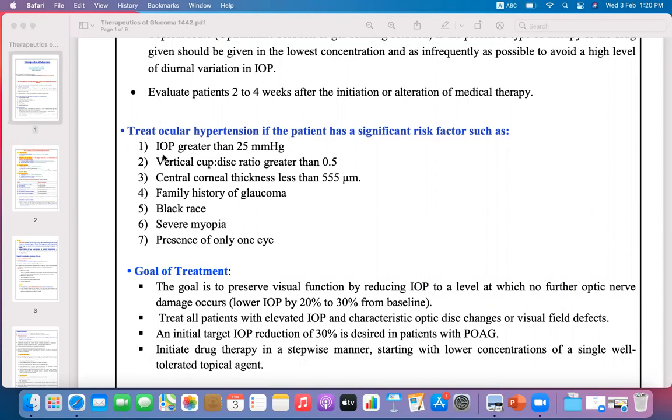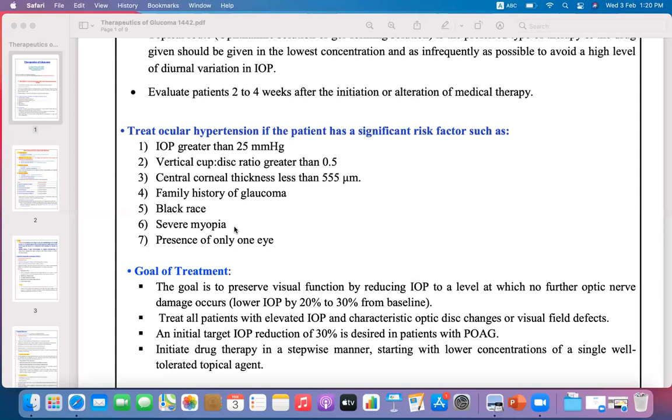If the intraocular pressure is greater than 25 millimeters of Hg, start the medication. Vertical cup disc ratio greater than 0.5. Central corneal thickness less than 555 micrometers, family history of glaucoma, black race, severe myopia.